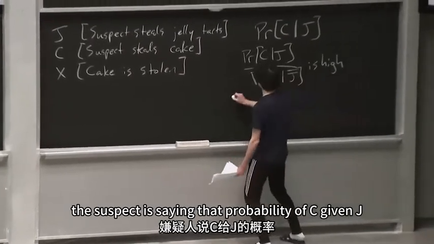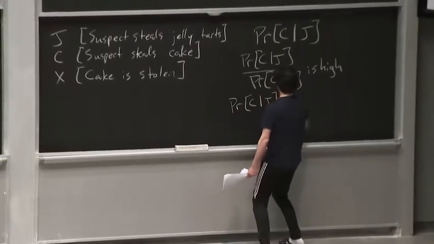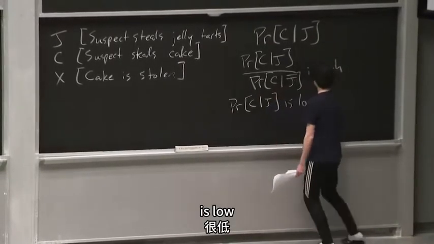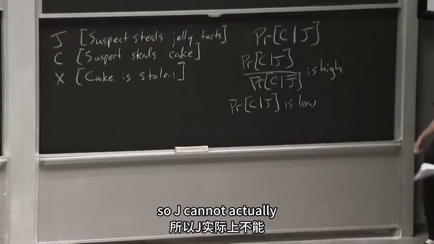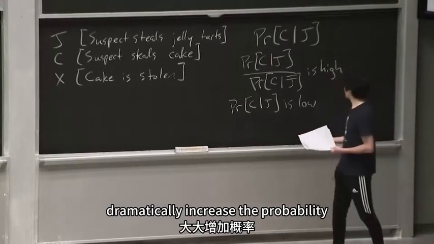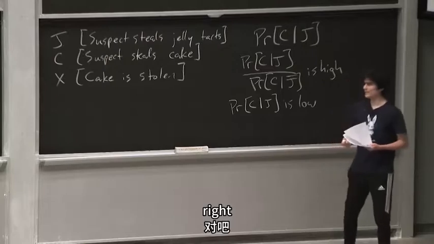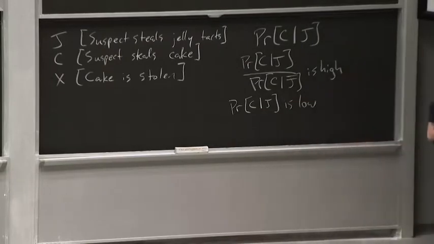The suspect is saying that the probability of C given J is low, right? So J cannot actually dramatically increase the probability. The increase is going to be less than this probability. Yeah?